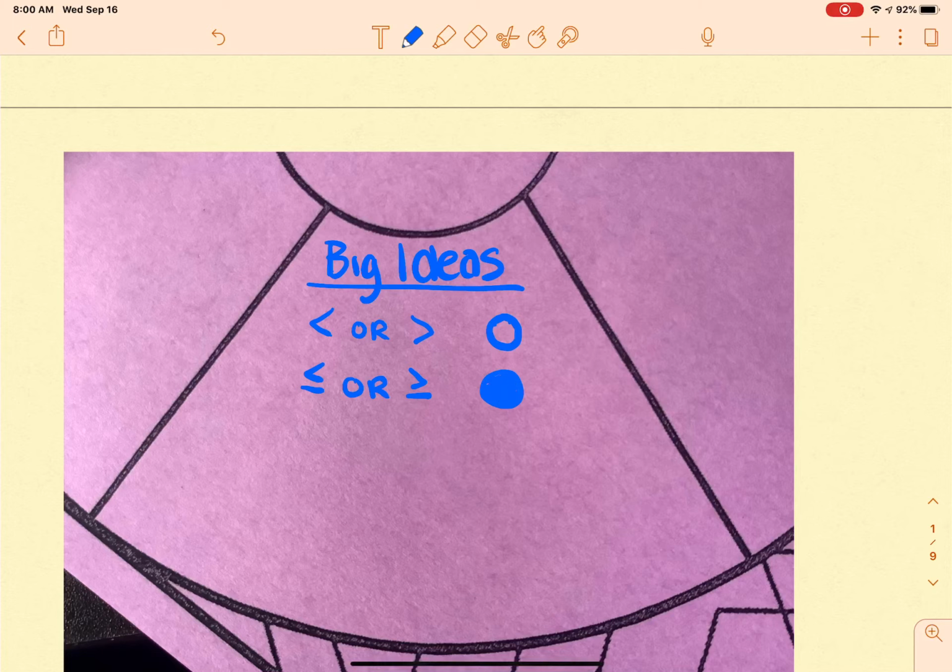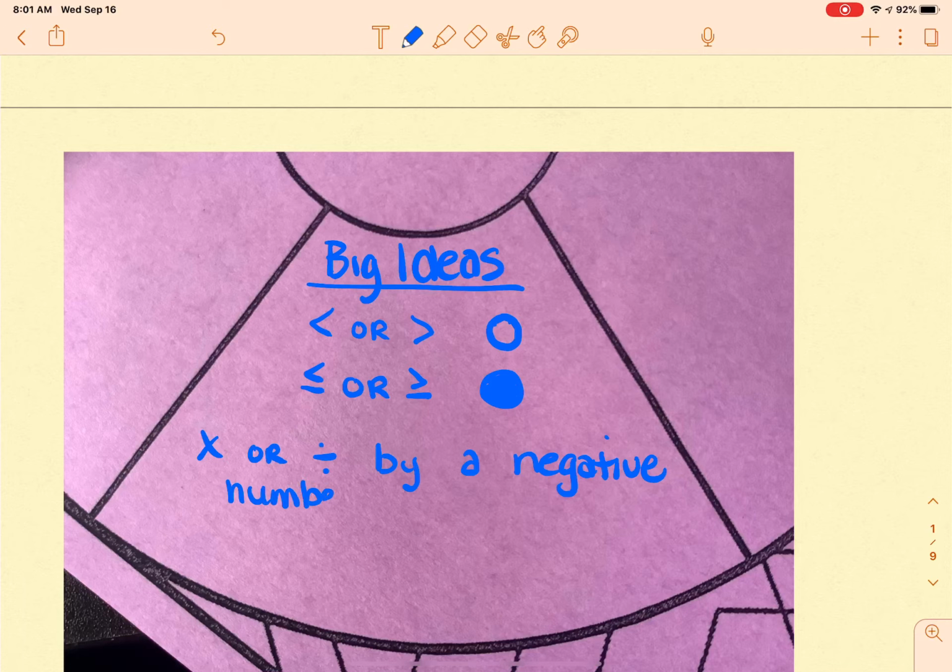Okay, one of the other things that people tend to forget with inequalities is that if you multiply or divide by a negative number, then you're going to have to flip your inequality.